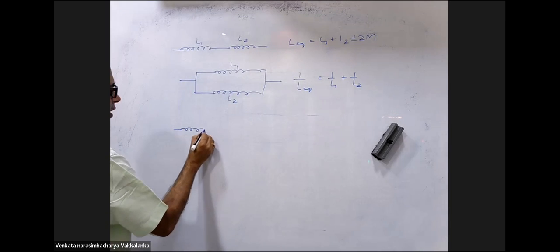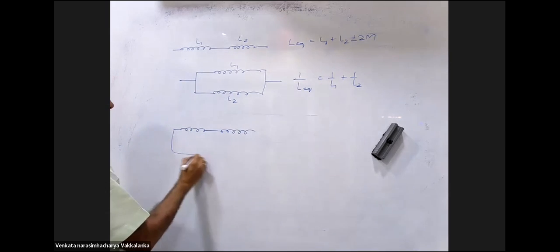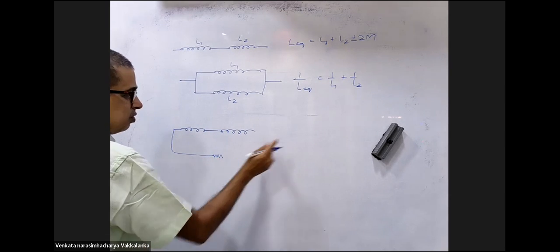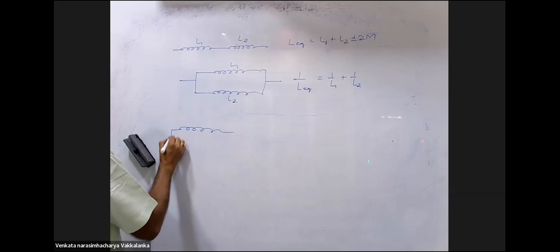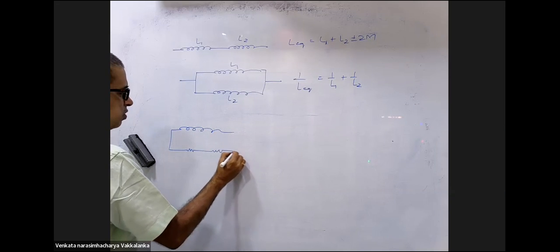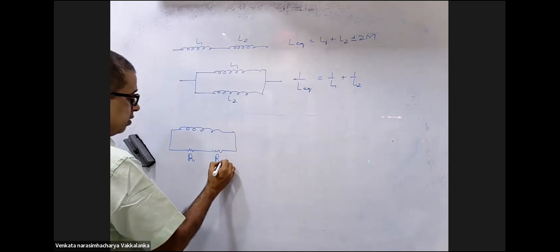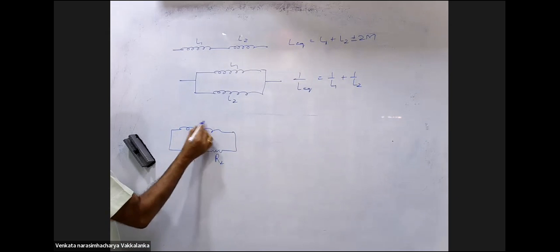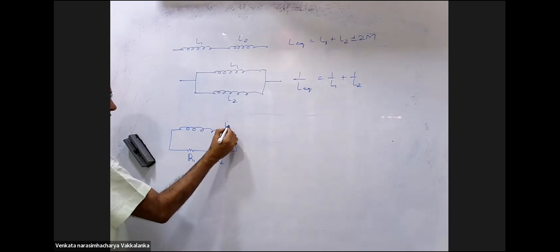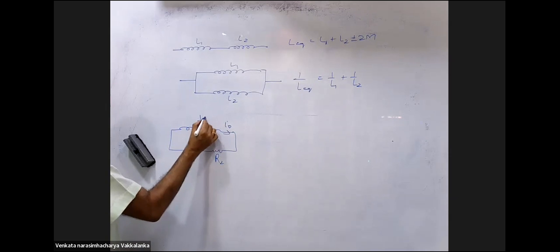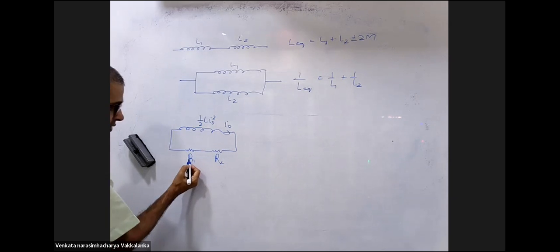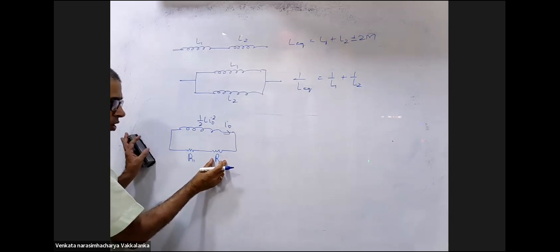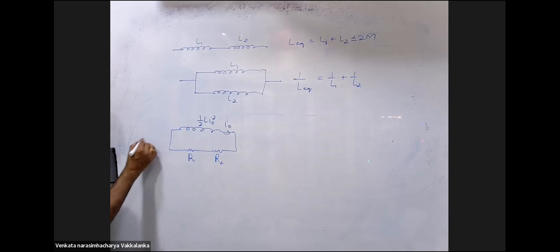Second, if you have one inductor and two resistances in series, R1 plus R2, the initial current in this was I naught. So what was the initial energy? Half L I naught square. What amount of energy is lost through this and what amount through this?